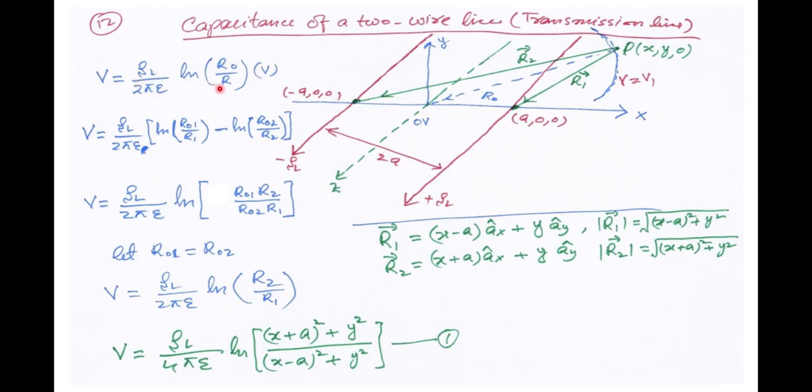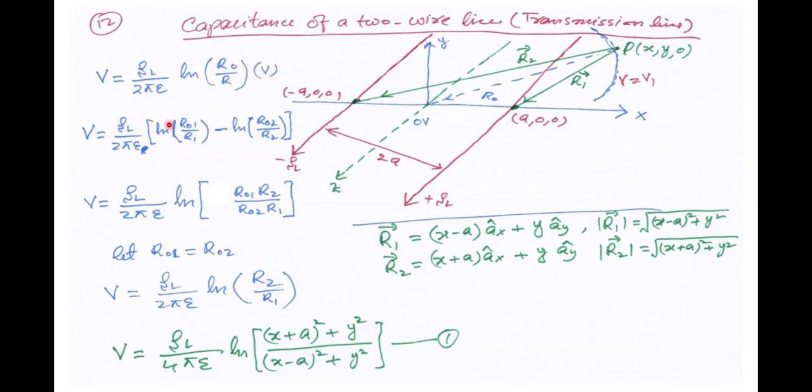Due to any line charge in general, V equals rho L divided by 4 pi epsilon times ln R naught divided by R. In the previous case, we denoted R naught by B and R by A, but here we are replacing B by R naught and A by R. The unit of potential is volt.